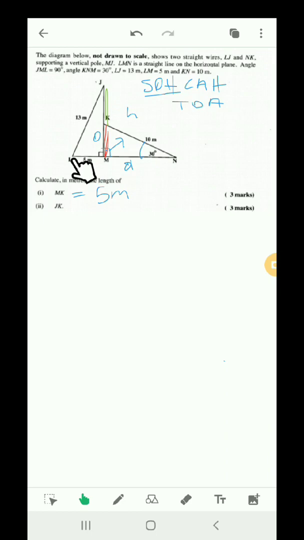And the length of the adjacent side here is 5 meters. So we need to find what MJ is. Now we use Pythagoras theorem for that. Pythagoras theorem states that c squared is equal to a squared plus b squared.